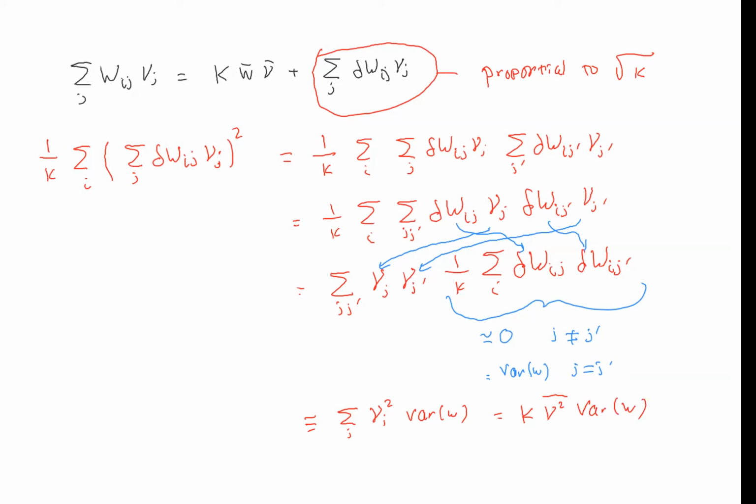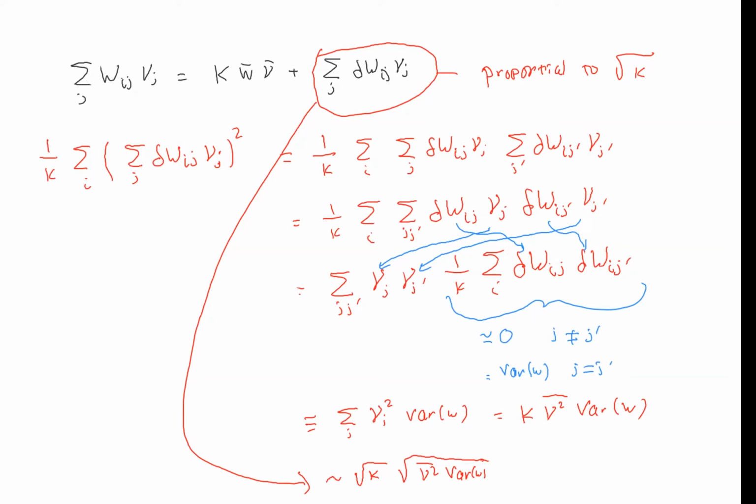Which means this term here is on the order of the square root of k times the square root of nu squared bar variance of w. It's actually a Gaussian distribution, but we don't care about that. Okay, so this is super, super important. It's the same reasoning. If you add together k independent random variables, it's going to be order root k. Okay, I'm actually going to write that down again because it's critical for everything we're going to do in the next couple lectures.